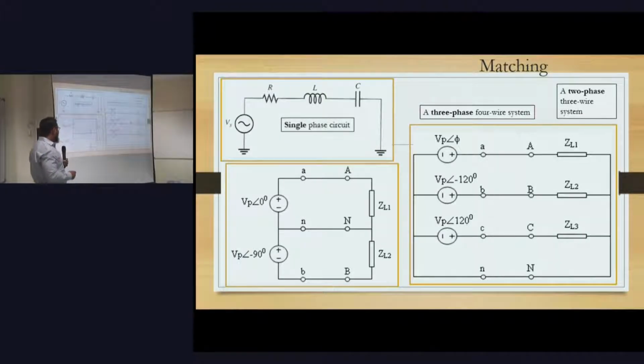So what do you have in a three-phase circuit? First of all, you have three different AC voltage sources, and they could be connected in two different ways, but we'll get into three-phase circuits in later chapters.